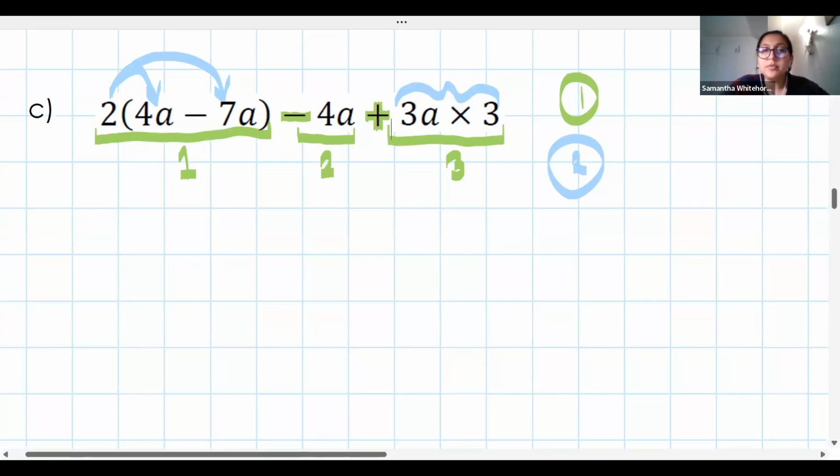Guys, your variables shouldn't just disappear. Unless your like terms all cancel out, which in this case they aren't going to, you should still have some variables going on.